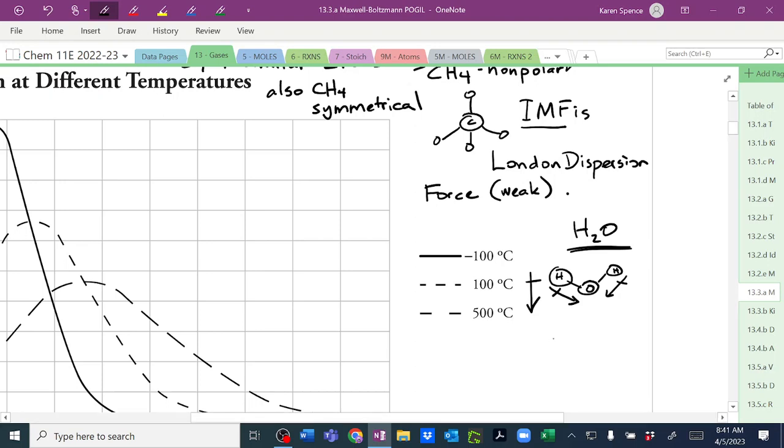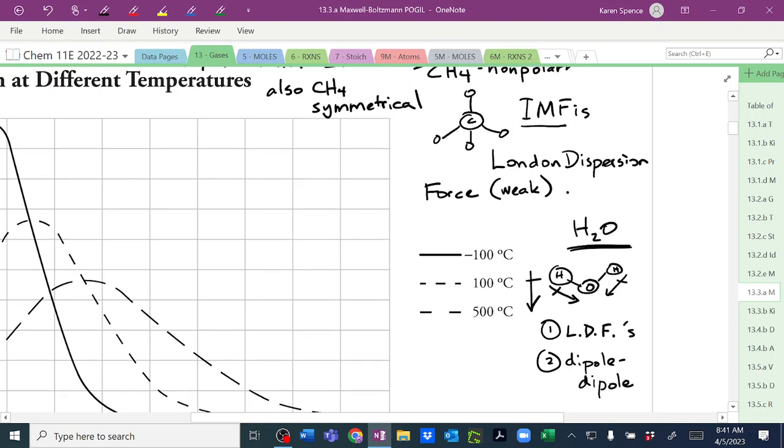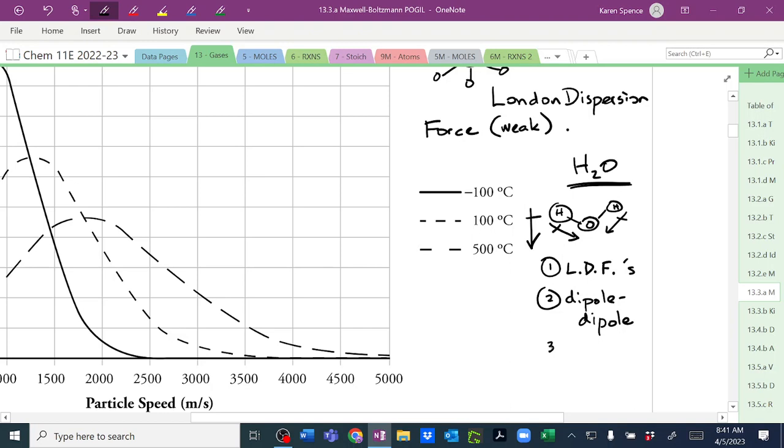So there will be London dispersion forces, simply because there's always London dispersion forces. It doesn't matter if it's polar or nonpolar. Second, there's dipole-dipole interactions. And third, because oxygen is so very electronegative, it is one of the FON and the hydrogen is attached.